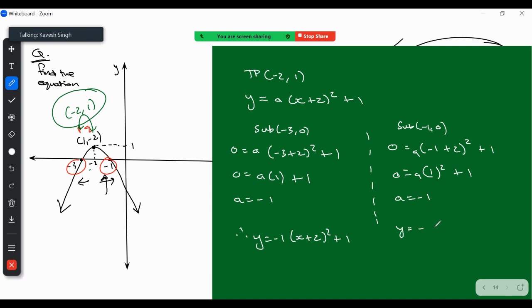And so y equals -1 multiplied by (x + 2) squared + 1. And we get the exact same answer for each one. Okay. All right, moral of the story, just make sure you get the coordinates right. Okay, shall we move on?